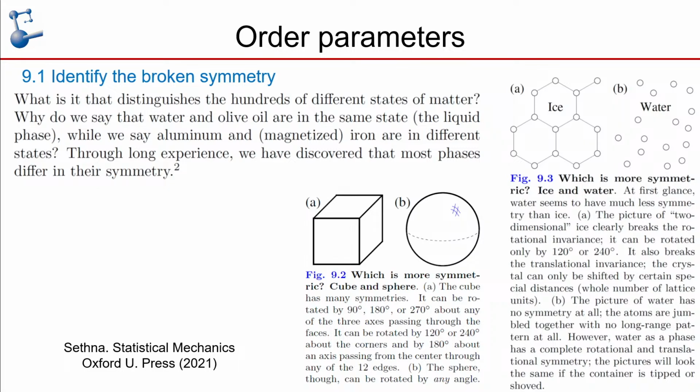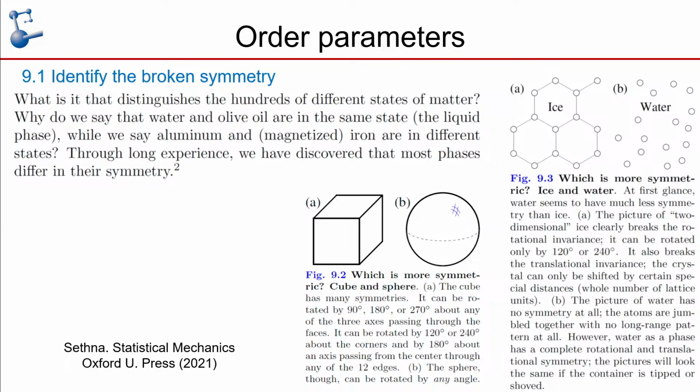If you have, for example, some sort of matter that is isotropic upon continuous rotations in 3-dimensional space, then it will be described by a sphere. But then you can have collections of atoms that are arranged periodically. In that case, the symmetry is broken, and there are discrete rotational symmetries that replace this continuous symmetry.